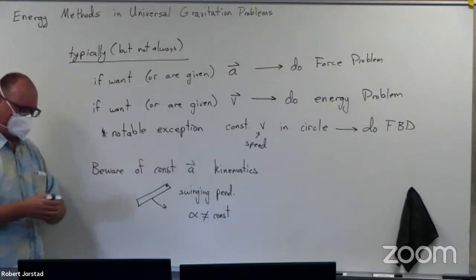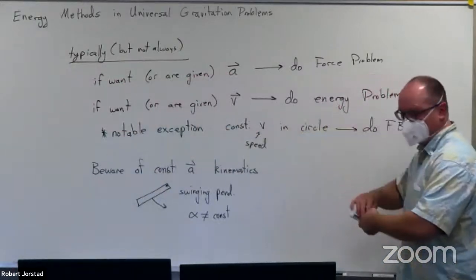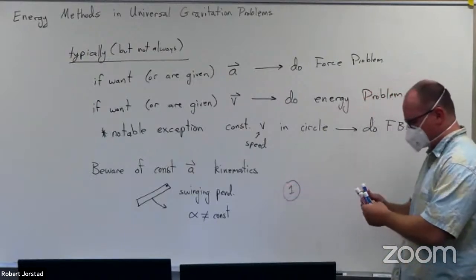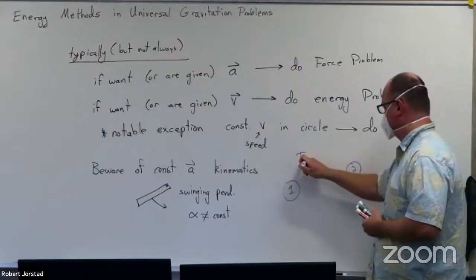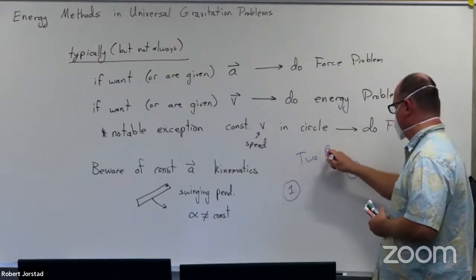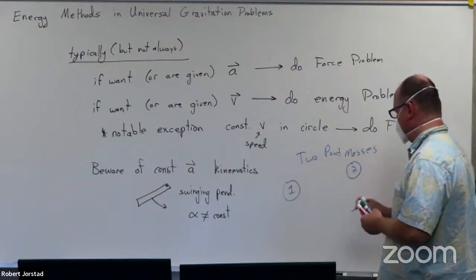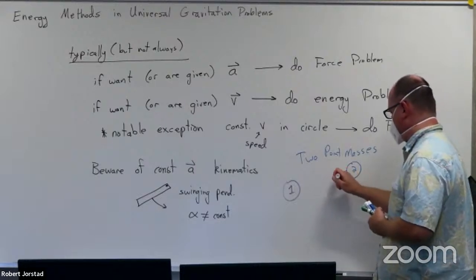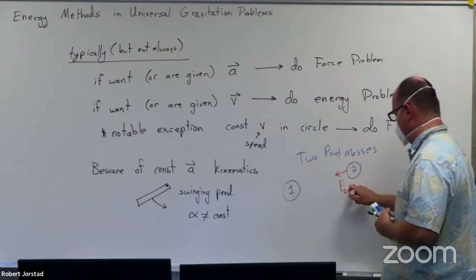Let me give you another example. Let's say you had two point masses. Let's say we have object 1 and object 2. As they move, let's say they're released from rest, there's going to be a force of 2 on 1.